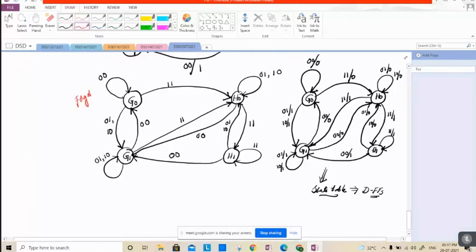Please ignore this. Draw the state table and the state transition table for this problem. Am I clear?